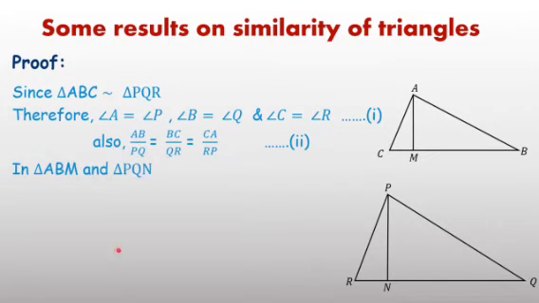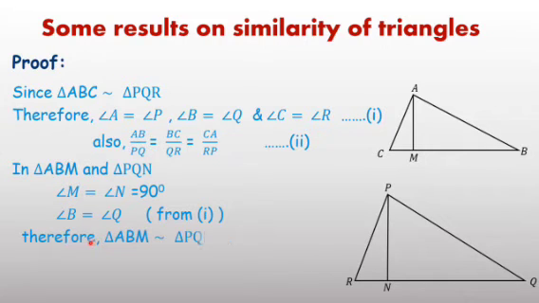Now, again, like previous theorem, take ABM and PQN and try to prove similar. M equal to N equal to 90 degrees. Reason? By construction, both are perpendicular. B equal to Q from first because both triangles are similar.